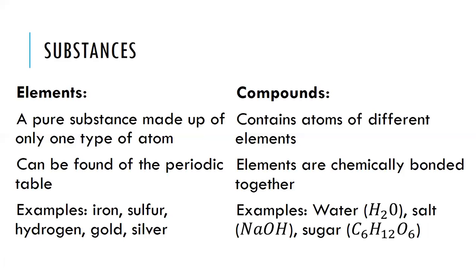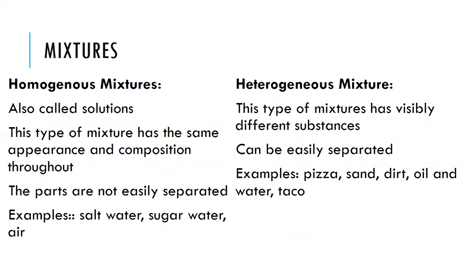They're both considered substances. And mixtures, there are 2 types of mixtures: homogeneous mixtures and heterogeneous mixtures. Now, if you recall when we did root words, homo means the same and hetero means different. Homogeneous mixtures are also called solutions.